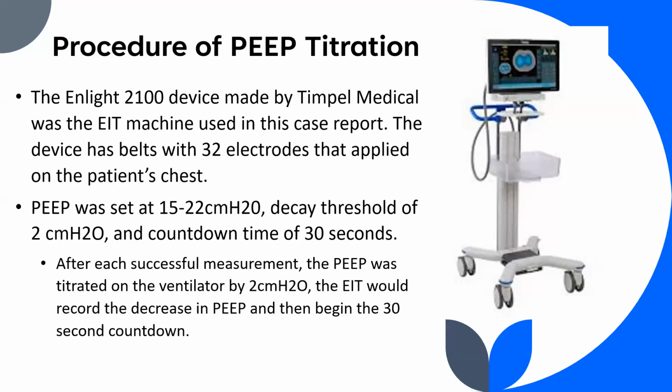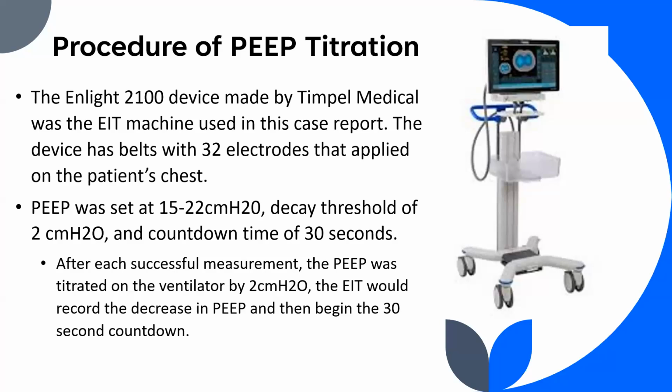So for our PEEP titration, we use the Enlight 2100, which is a device made by Timpel Medical. This device is actually 2 separate belts that come together, and then there's 32 electrodes total that are applied to the patient's chest. So with our two patients, our PEEP was set at 15 and 22 with a decay threshold of 2 centimeters of water pressure.